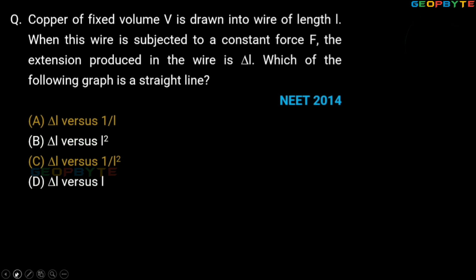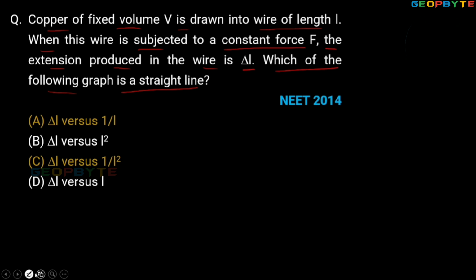Look at the screen. It is asking like this. Copper of fixed volume is drawn into a wire of length L. When this wire is subjected to a constant force, the extension produced in the wire is delta L. Which of the following graphs is a straight line?